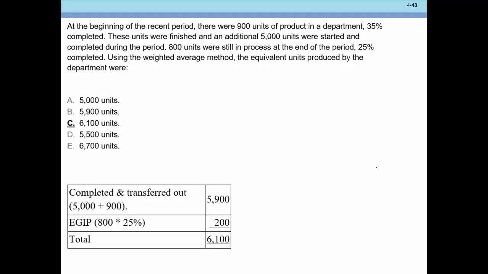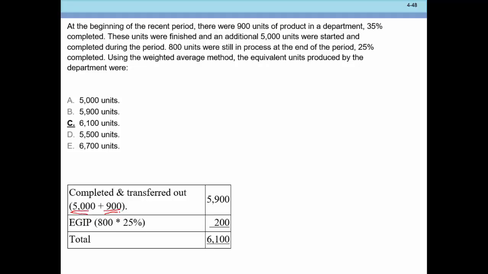So the way this question is written, I have these units that were in the beginning inventory of 900, and they tell me that they completed those, and then they also give me the number of units that were started and completed for the period.